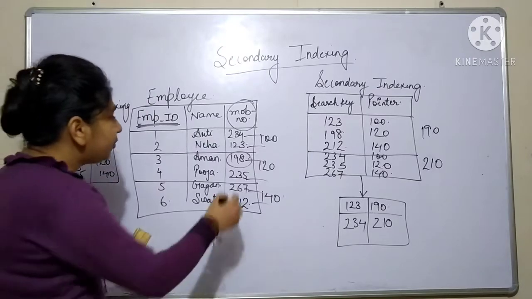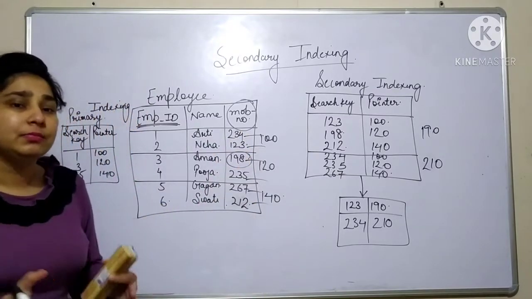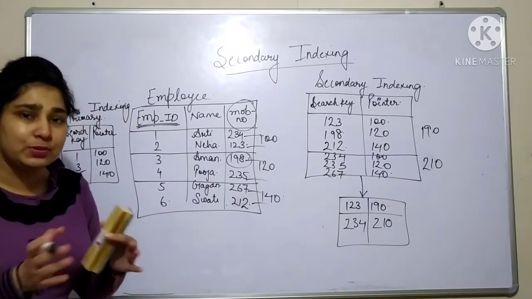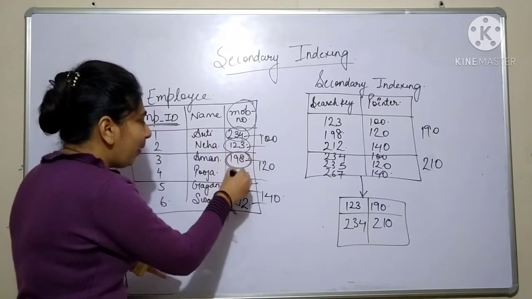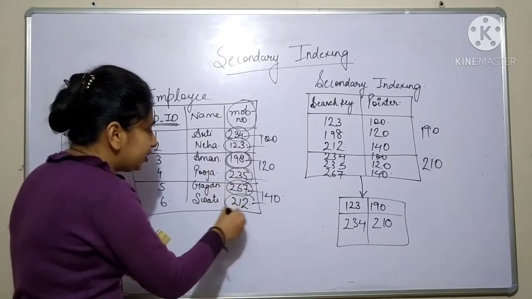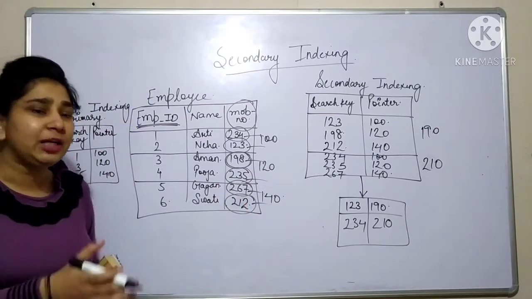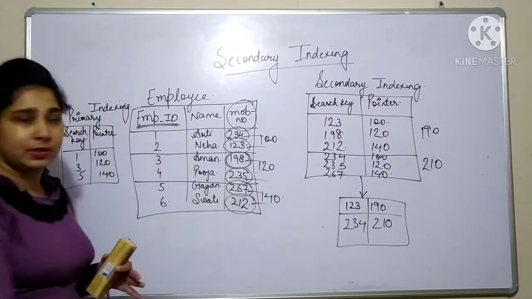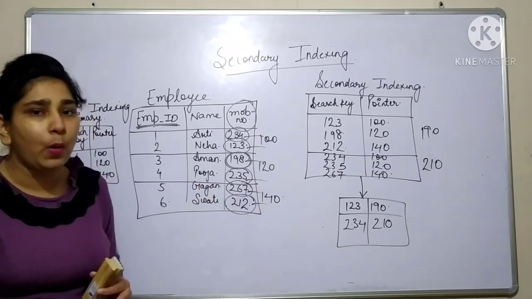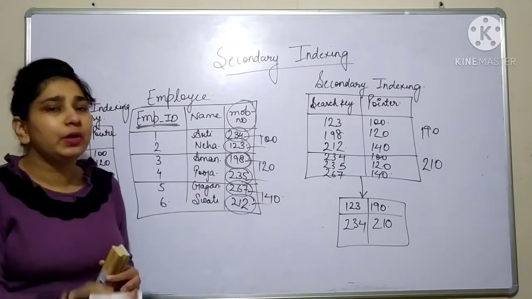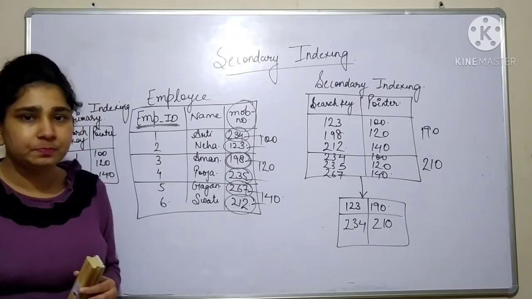We have to compare the mobile number which the user is giving with each and every mobile number of this relation. Where that mobile number gets matched, you will pick that tuple, that record, and we will give that record to the user.